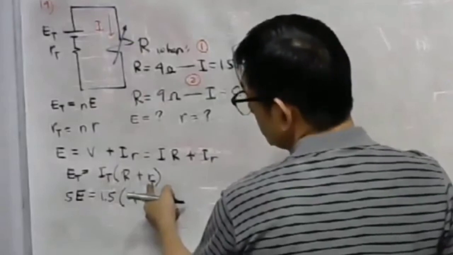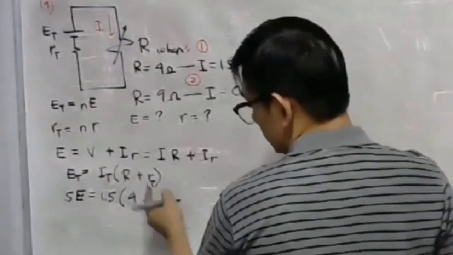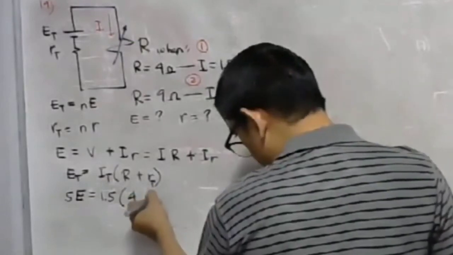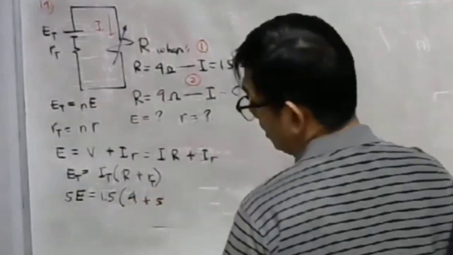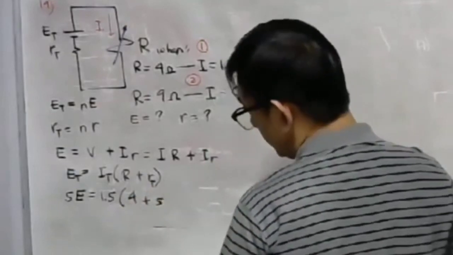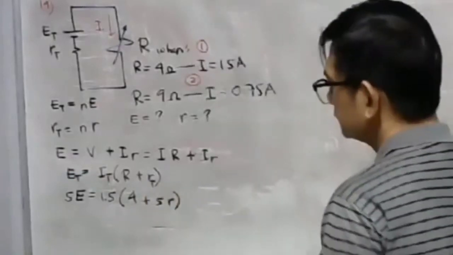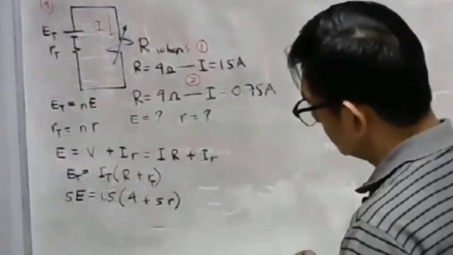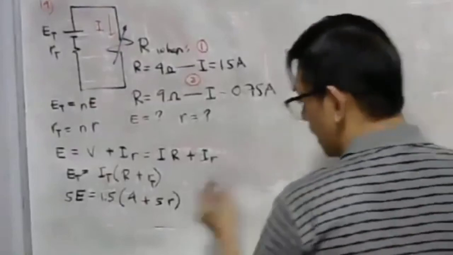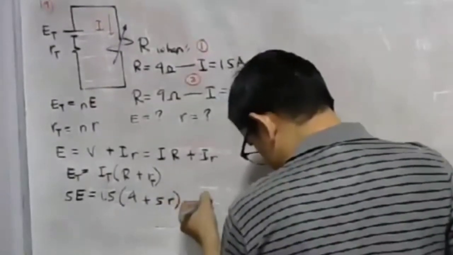Our RT is simply equal to what? 5, then small r. So, therefore, that is our equation number 1.